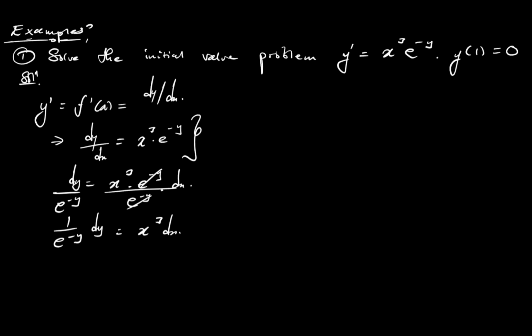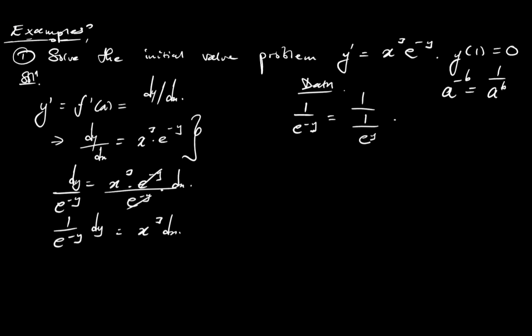Now this might look a bit shocking, but look here, we're having 1 over e to the minus y. Remember, whenever you have a to the minus b, this is the same as 1 over a to the b. So in a similar manner, this is the same as 1 over 1 over e to the positive y.